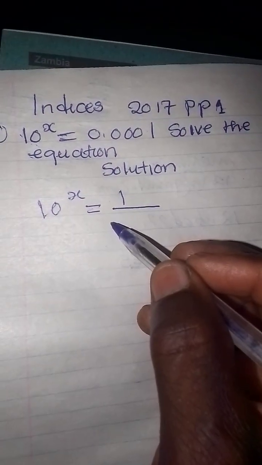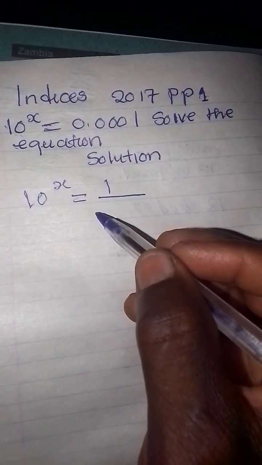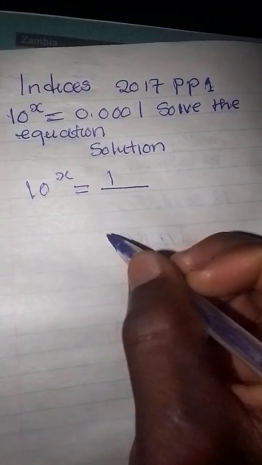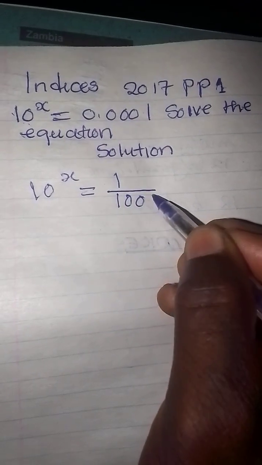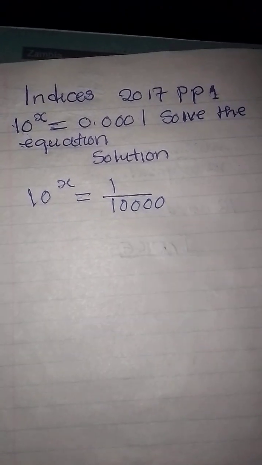So 2 decimal places is 100. 1 decimal place is 10. 3 decimal places is 1000. 4 decimal places is 10,000. So there we're going to have 10,000. Again, we still have work to do because that is the reciprocal now.